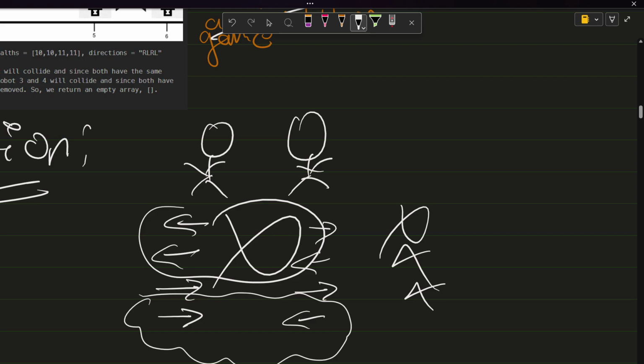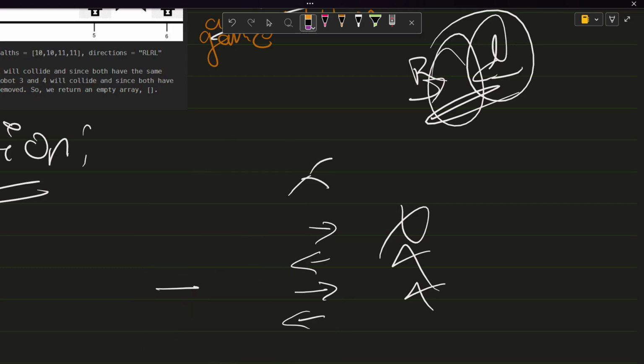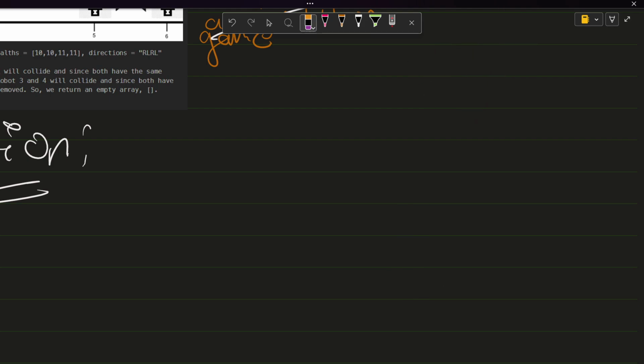So we have to just formulate the logic for this case only, when one is going on the right side and one is going on the left side. This is the only case that we have to think about. But for this, we have to first understand that we have to consider the robot from the leftmost position.